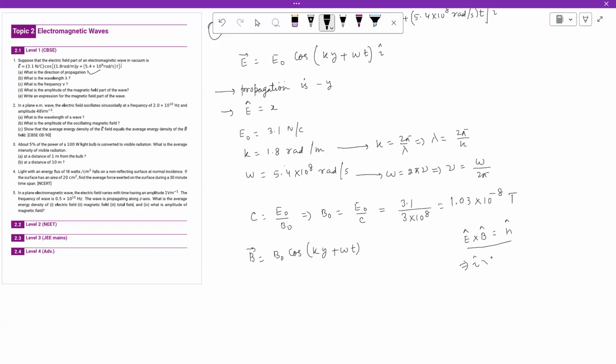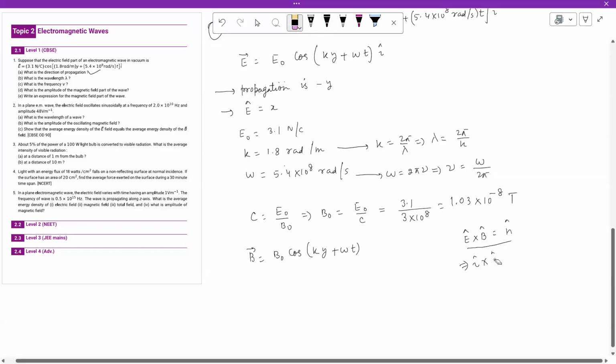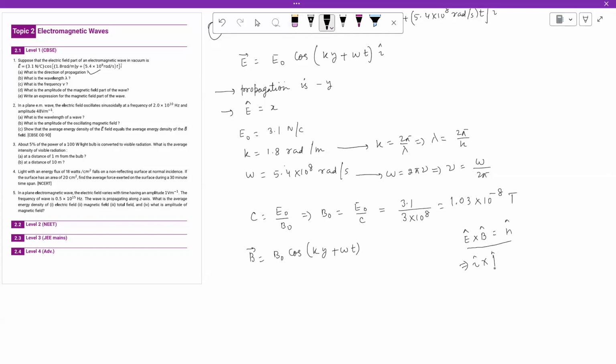Cross, let's say this is P hat, whatever. And then n hat, we know, is minus j hat. So what do you cross with i hat so that you get minus j?